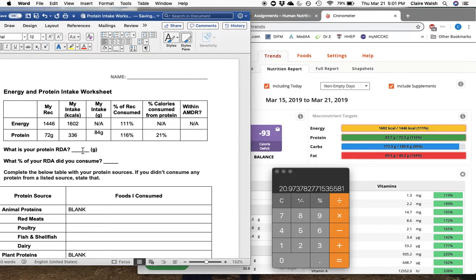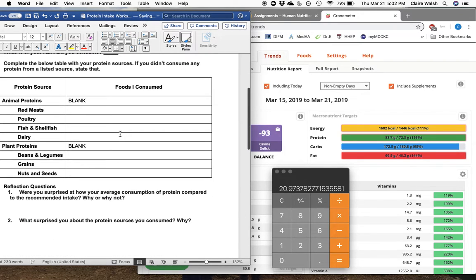To calculate your protein RDA, remember we did this in class, so you can go back to what we did. To calculate the percentage of the RDA you consumed, divide your intake in grams by your RDA and multiply that number by 100.